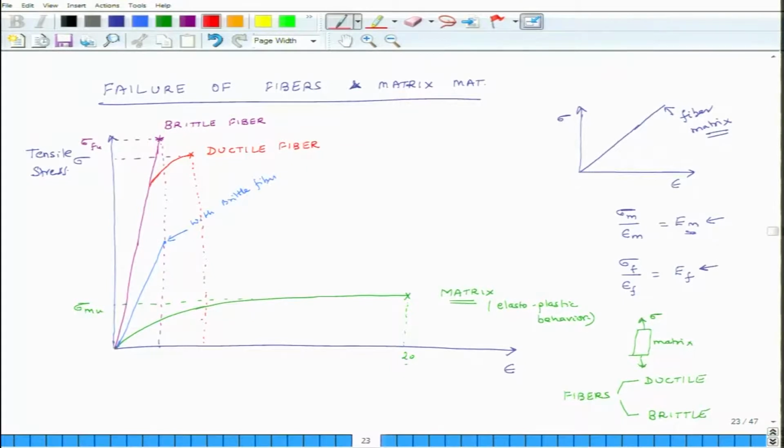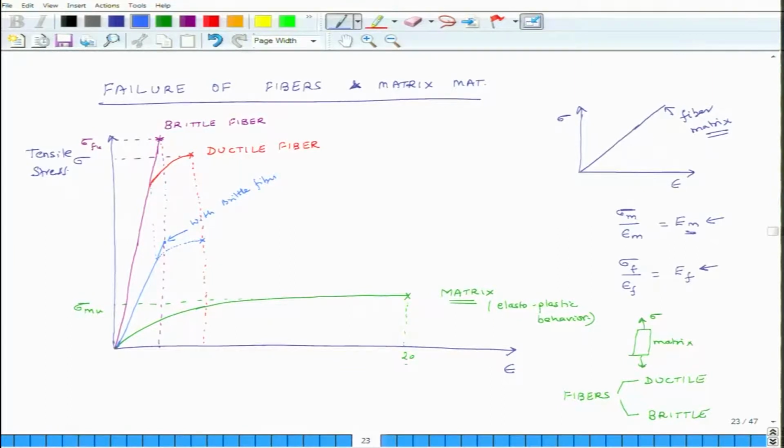So, this is something we are trying to have a qualitative understanding, and then we will have a quantitative understanding of the situation. Now, suppose the fiber was ductile, then what will it do? It will start at this strain level, it will start deforming, and the composite will start taking less load, and once the strain in the fiber reaches this level, which corresponds to the failure strain in the ductile fiber, the fiber fails and that entire load gets transferred to the matrix, and the matrix does not have the capacity to take all that load.